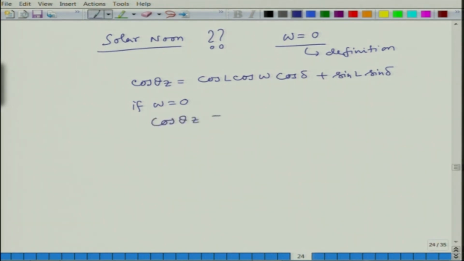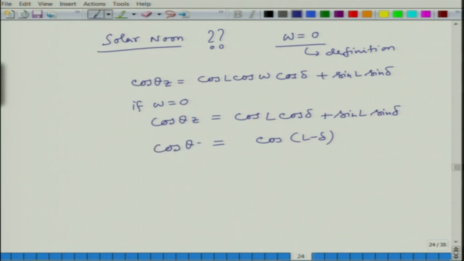This cos theta z is nothing but cos L cos delta plus sin L sin delta, because cos omega is 1 now. So, is the right hand side familiar? It is, right. It is cos A cos B plus sin A sin B, so cos of A minus B.